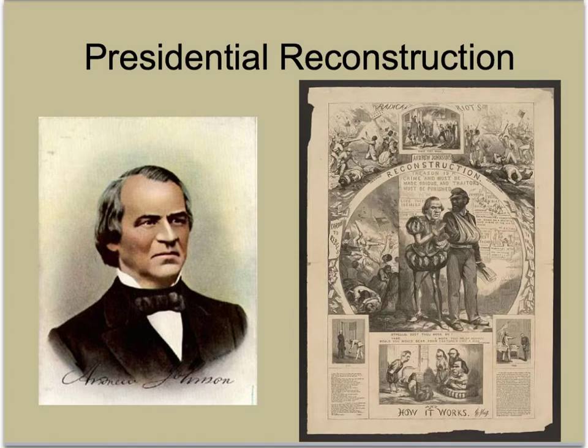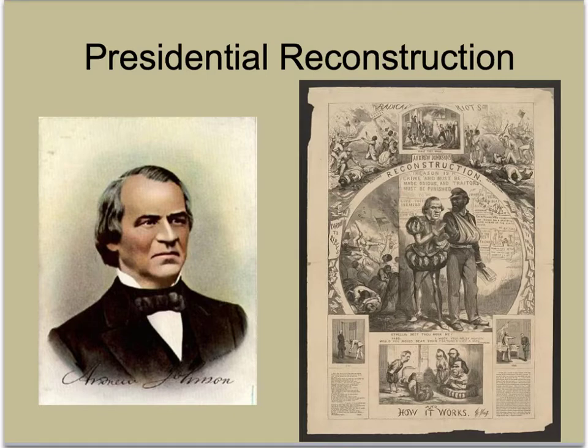So when it came to his Reconstruction plan, it was pretty minimal, as he was offering amnesty upon a simple oath to any Confederate civil or military officers who applied for one.